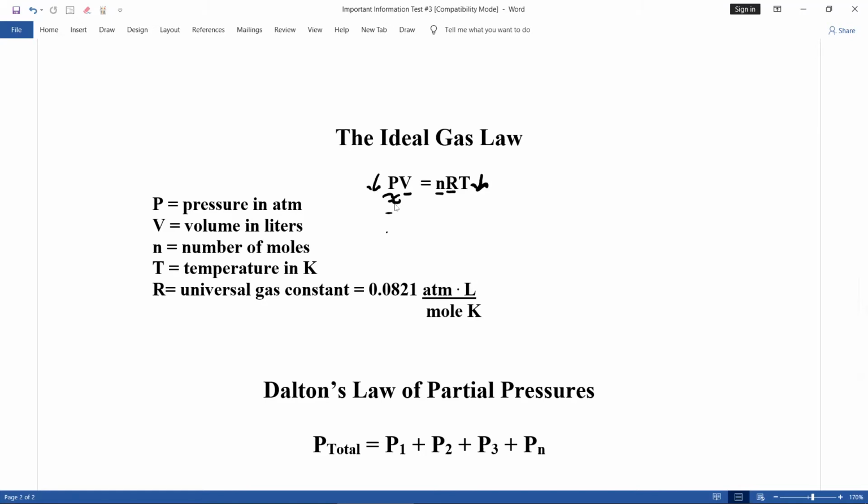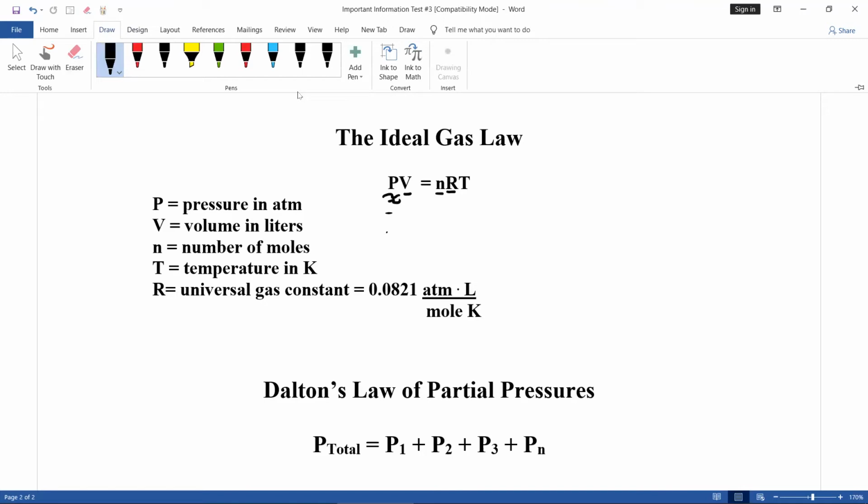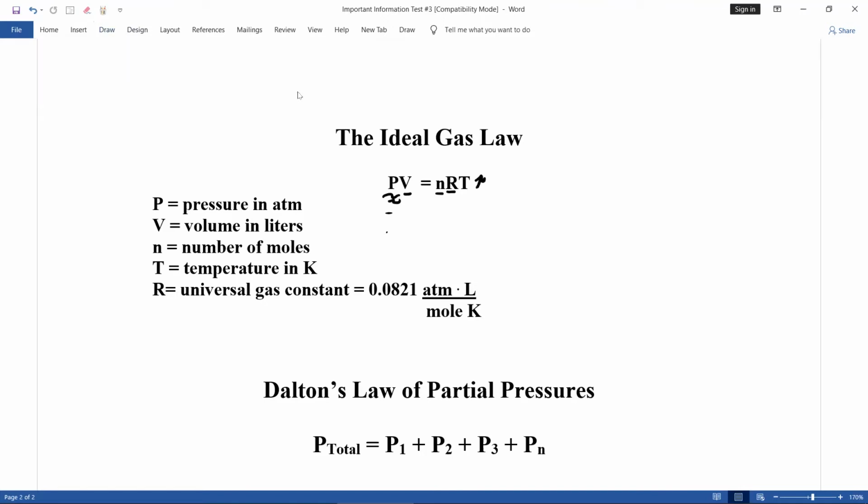So PV equals nRT tells you in the winter, check your car tires. And in the summer, just the opposite is true. You still should check your car tires, but in the summer the temperature goes up and n and V stay the same. Therefore, the pressure will go up.